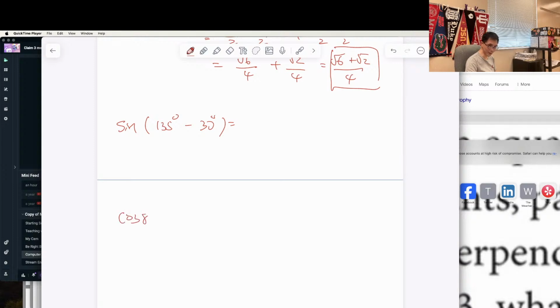So what if I ask this one? What will be the answer for this one? The answer is one simple fraction. Cosine of 80 degrees, cosine of 20 degrees plus sine of 80 degrees times sine of 20 degrees.